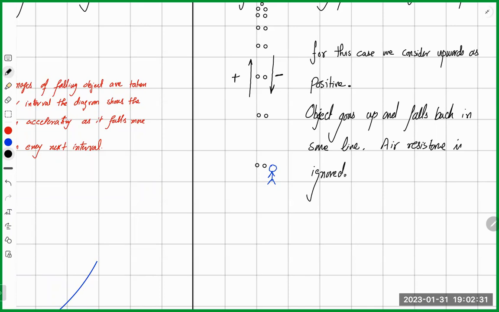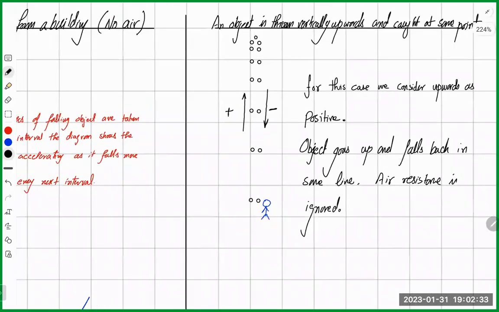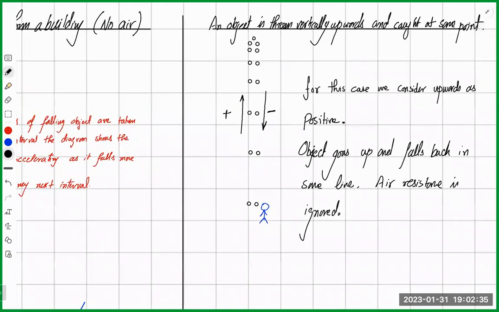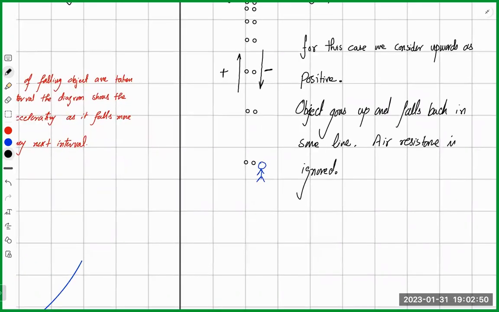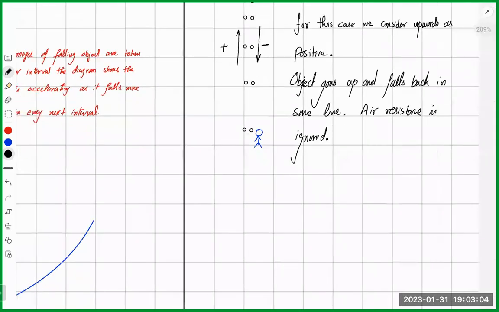Now, what will happen while object is going up? Because object is going up and gravitational force is down. So if a force is acting opposite to the direction of motion, what does that force do? How will that force affect the motion of that object? Answer is it will slow it down. Second question, what will happen when an object is coming down? In that case, force is acting along the direction of motion, so speed of an object should increase. So here we go.